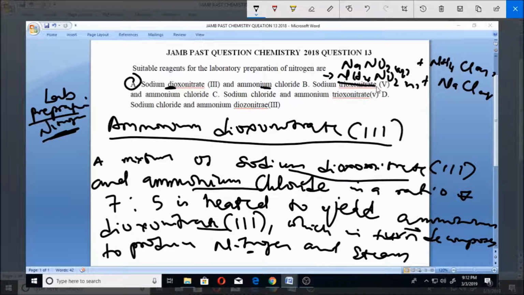Then this ammonium dioxynitrate 3, which is aqueous, further decomposes to nitrogen, which is what you're looking for, gas, plus steam, H2O, which is liquid. So that's how you get the laboratory preparation of nitrogen. Thank you.